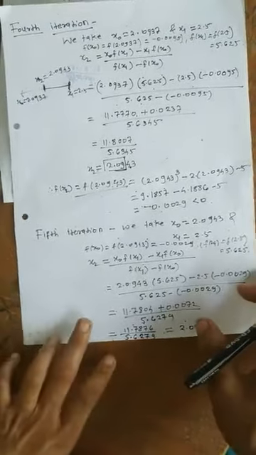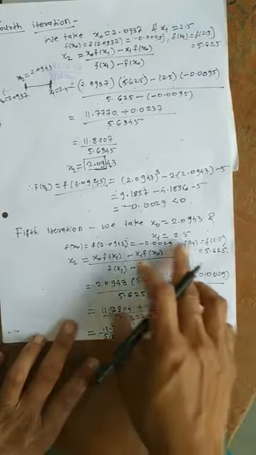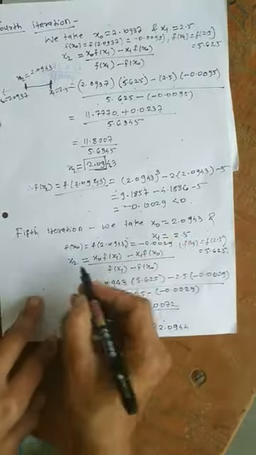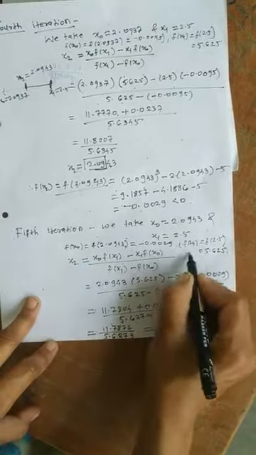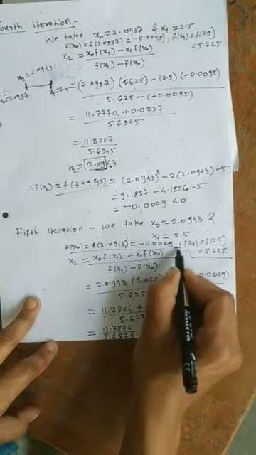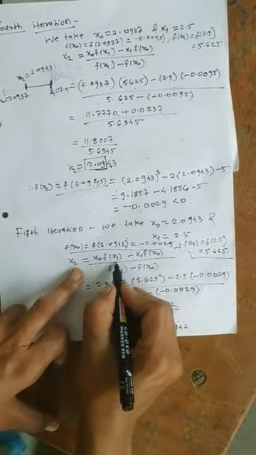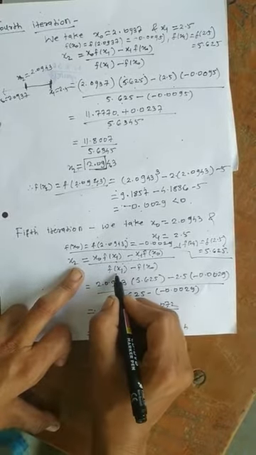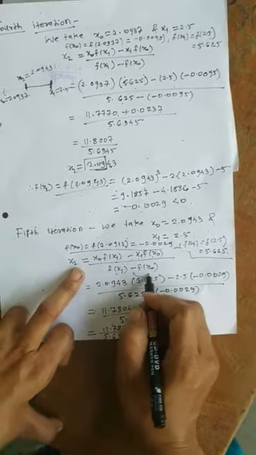So we put all these values in the formula: x2 is equal to x naught f of x1 minus x1 f of x naught, divided by f of x1 minus f of x naught.